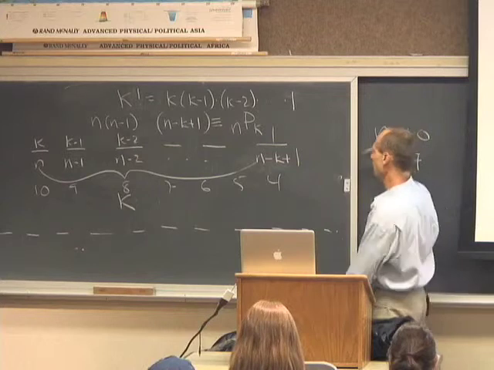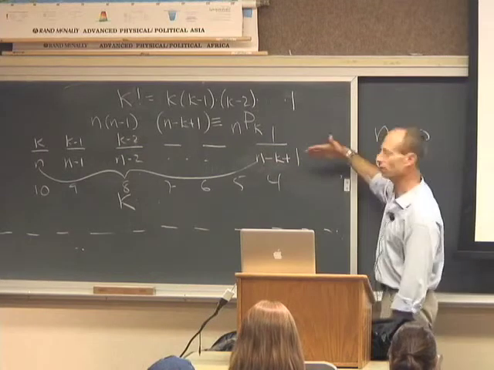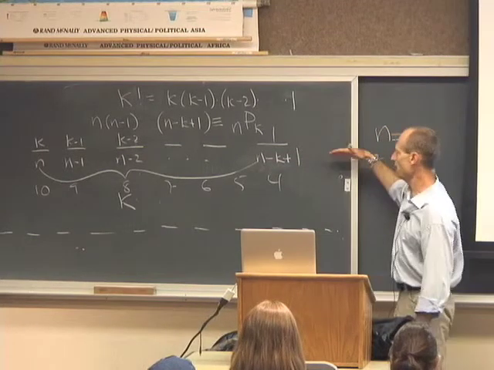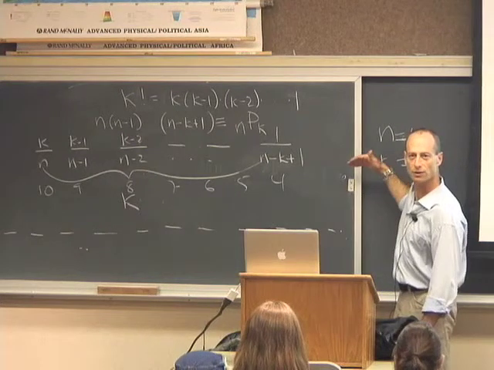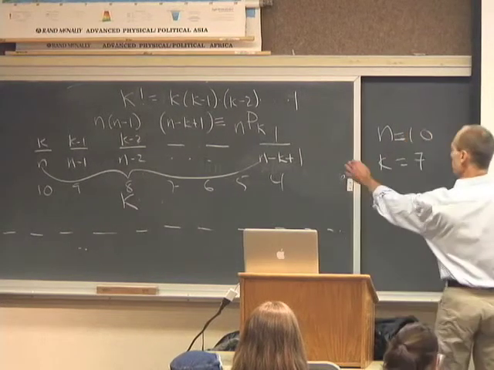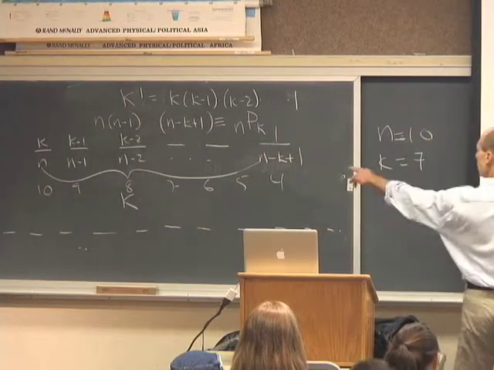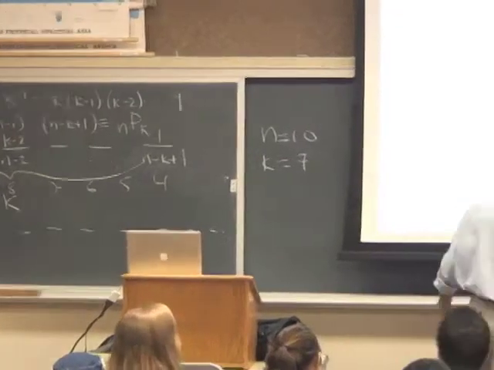Well, what do the remaining terms look like that aren't here? It's n minus k times n minus k minus 1 times n minus k minus 2, etc., right? So the missing terms that would make that n factorial, I'll go over here.